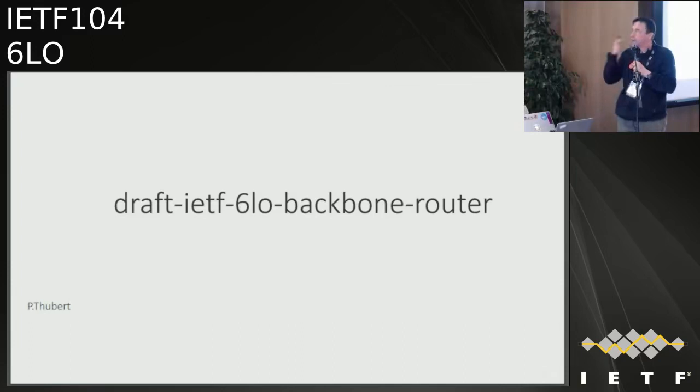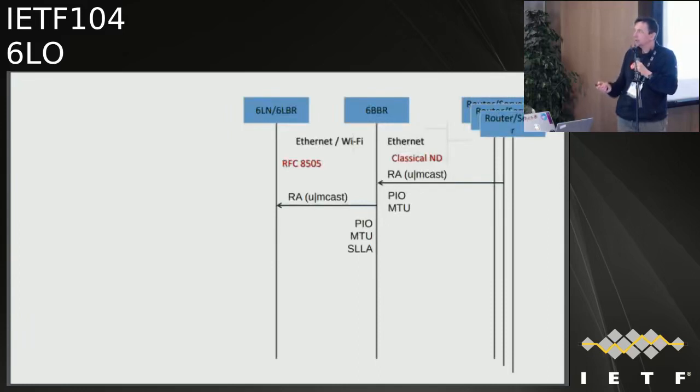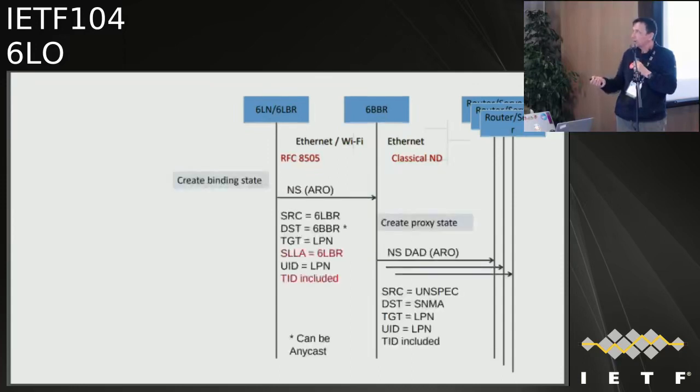So what we do there is, the 6LN is still the Wi-Fi station. The 6BBR is really the access point, so it collocates the 6LR in this case. You do the NS address registration option, actually extended now. And what the 6BBR does is transform this unicast proactive registration into a broadcast DAD, the classical ND operation.